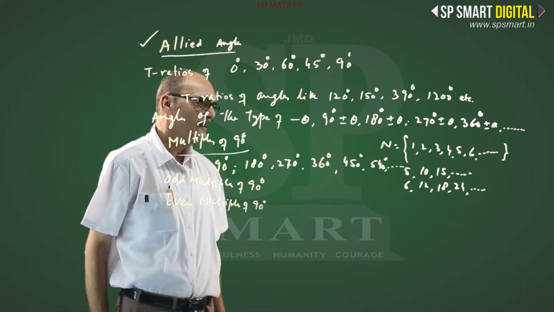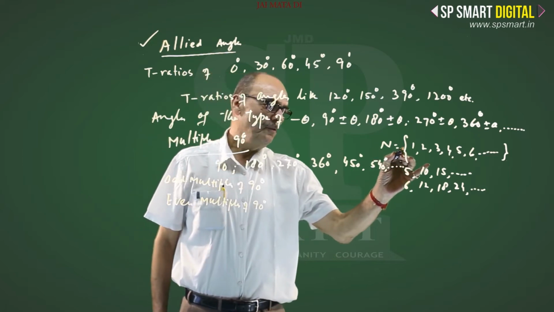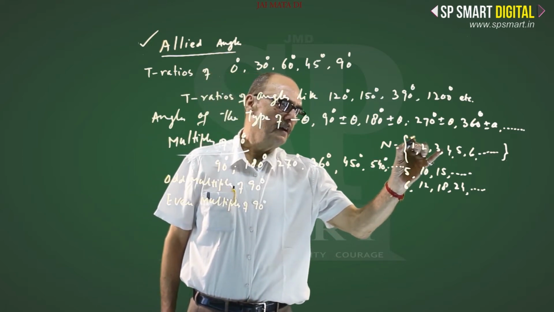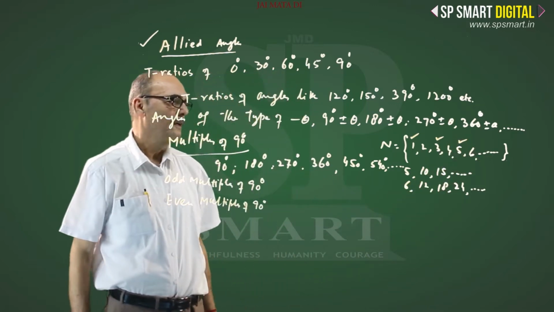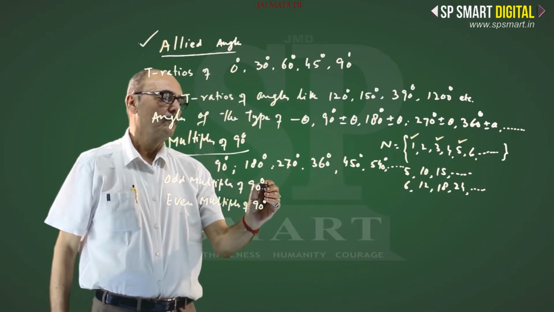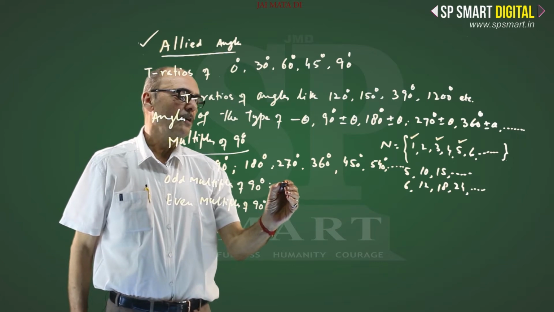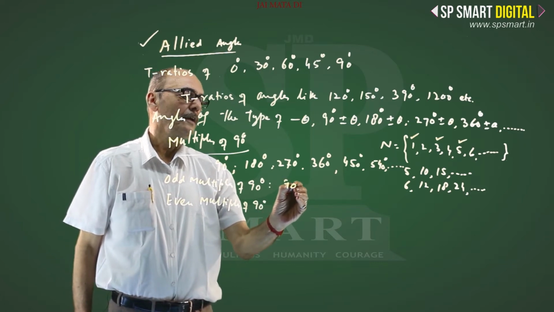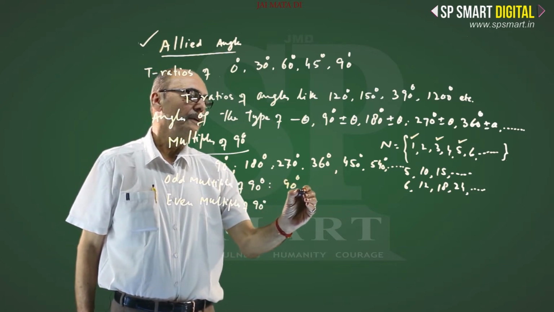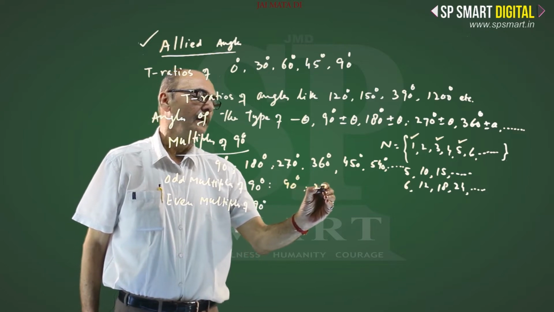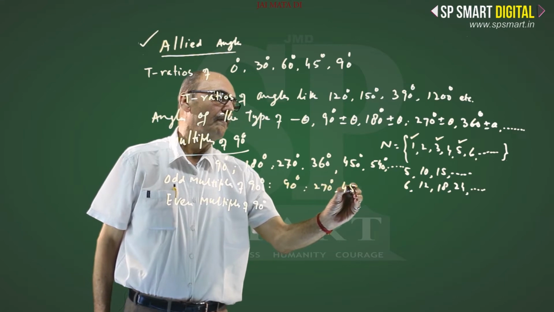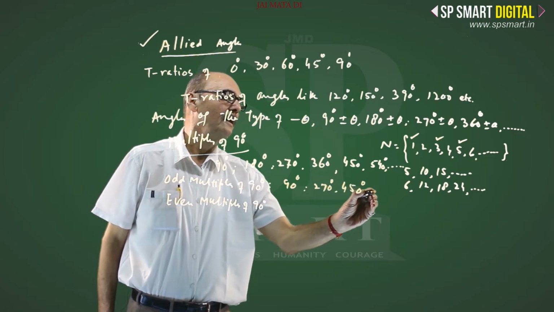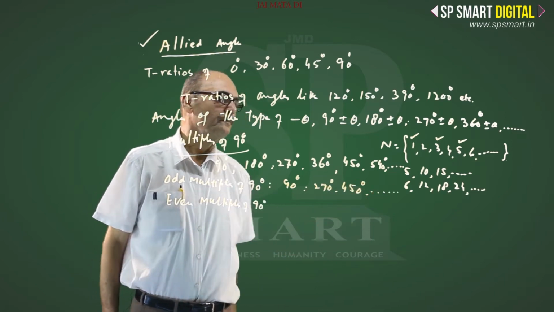Now here we observe, if we multiply the odd natural numbers 1, 3, 5 by 90, we get odd multiples of 90 degree: 1 into 90, 3 into 90, 5 into 90 and so on.